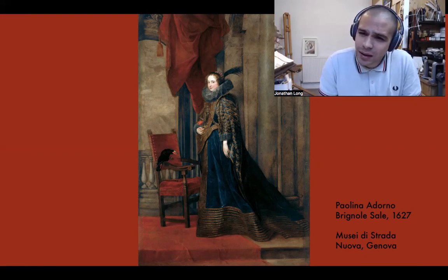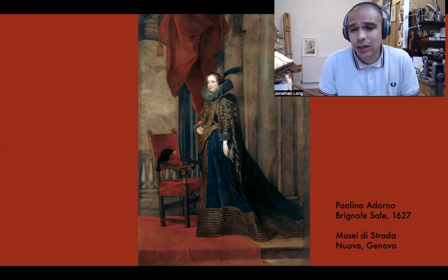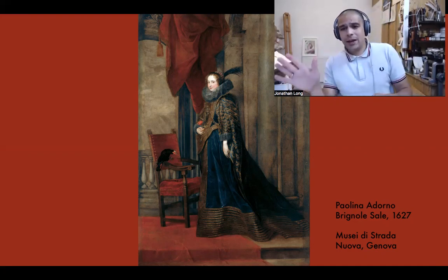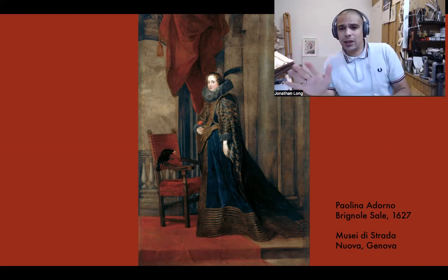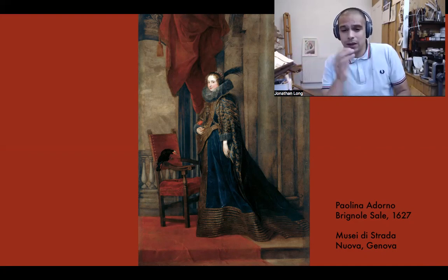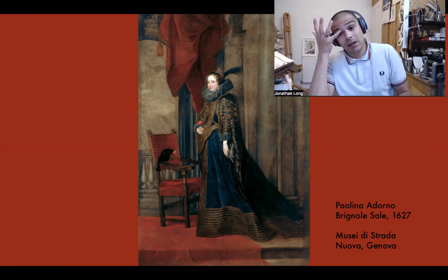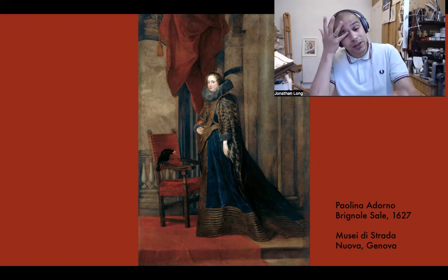But if we compare that to the earlier painting, this is from 1627. So he is really coming to an end of his Genoese period now. We've skipped quite a few years here, I must admit. It's quite a significant painting from his Genoese period, which is why I made sure it was in here.